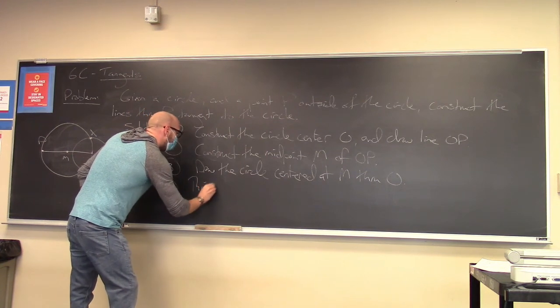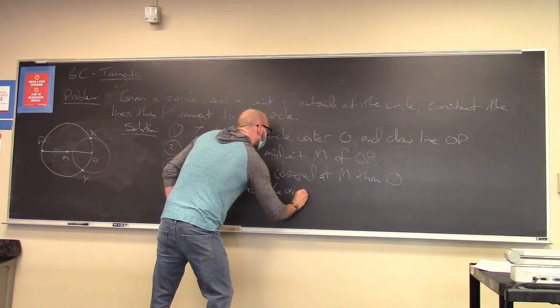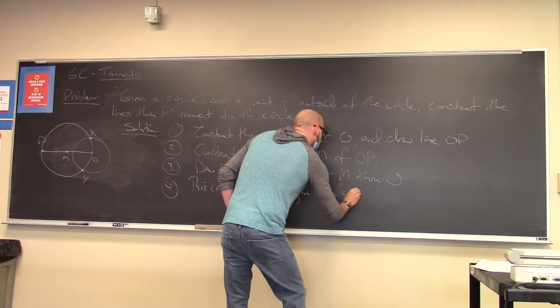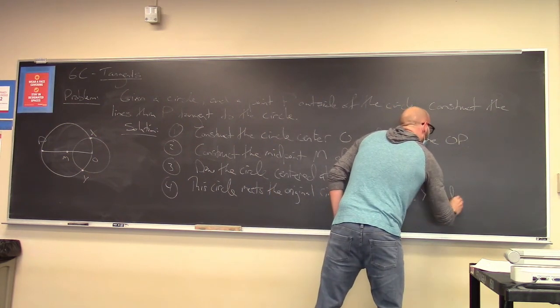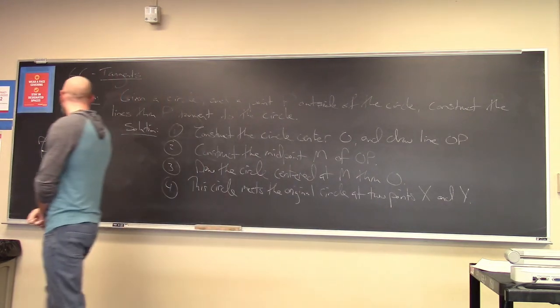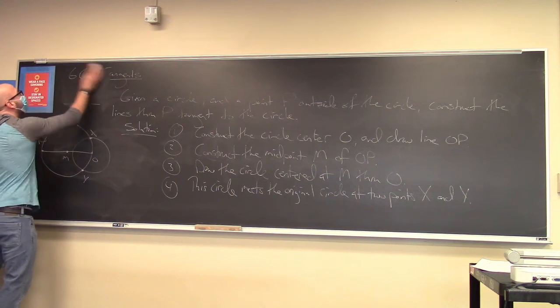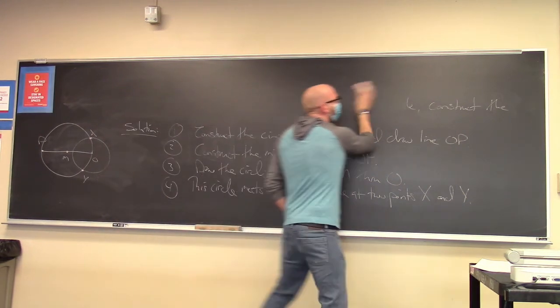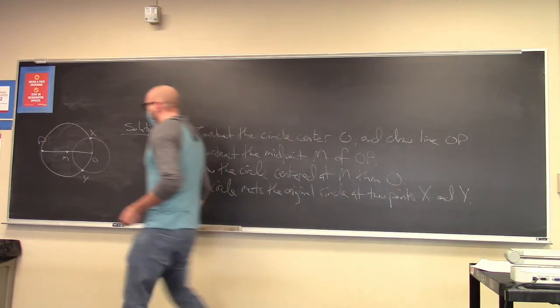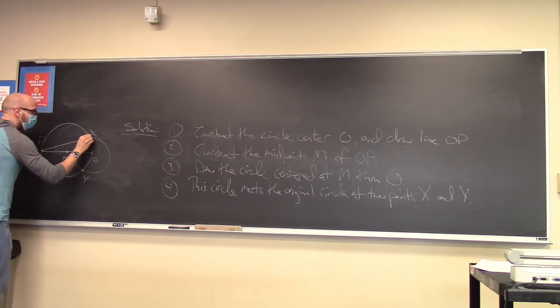Step 4, this circle meets the original circle at 2 points, X and Y. And now, as we argued, these must be tangents, we'll write down the argument now, but now what you want to do is draw in PX and PY.